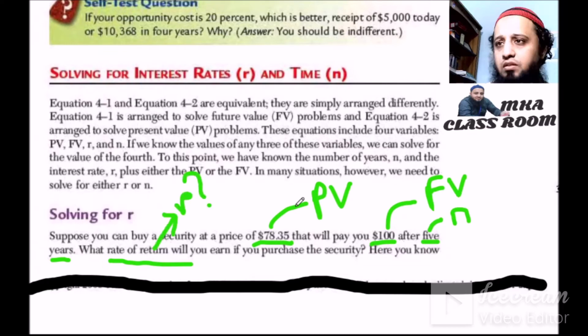That is our problem. If we put this problem in our future value formula, then we can get the result. It is very simple for us.